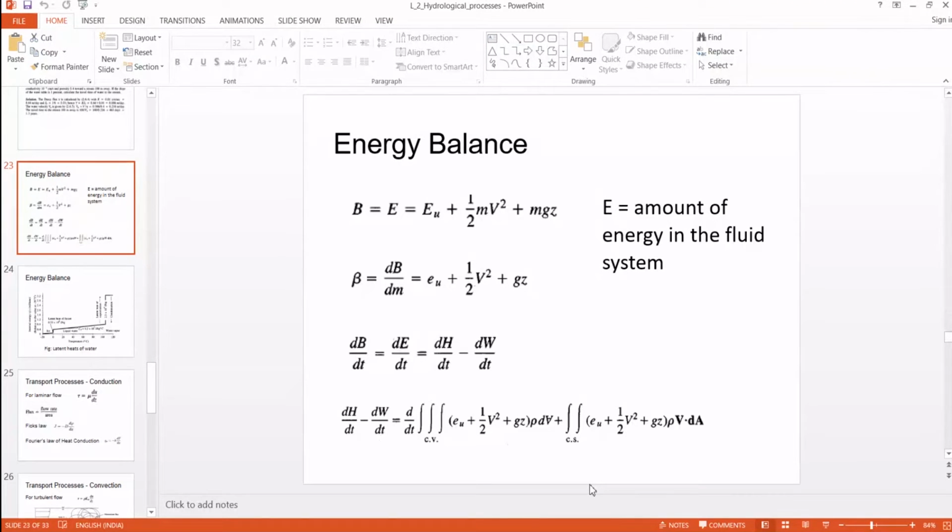The rate of change of energy in the fluid system is equal to d by dt of the volume integral of (u plus half V square plus gz) rho, plus the area integral of (u plus half V square plus gz) rho V dot dA. So this is the equation used for energy balance.